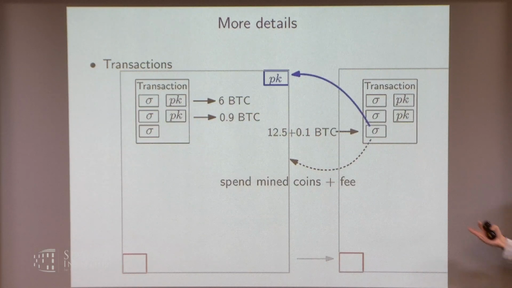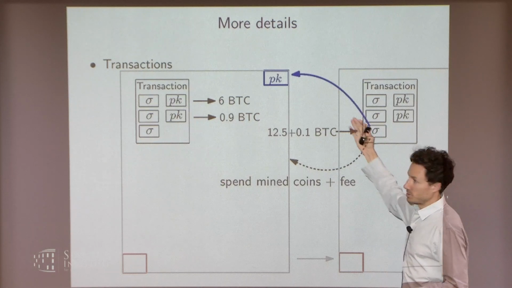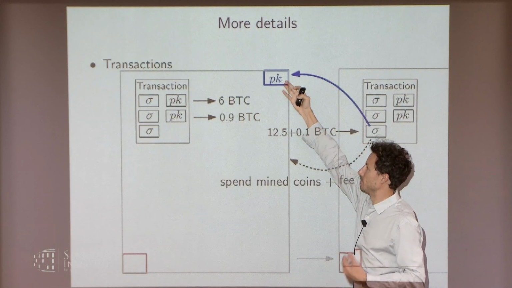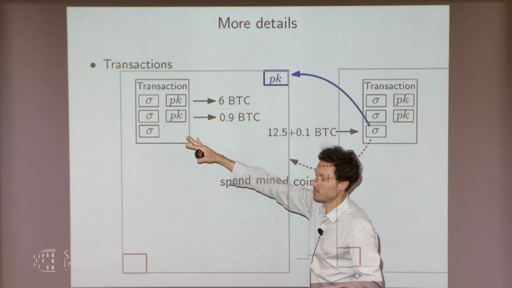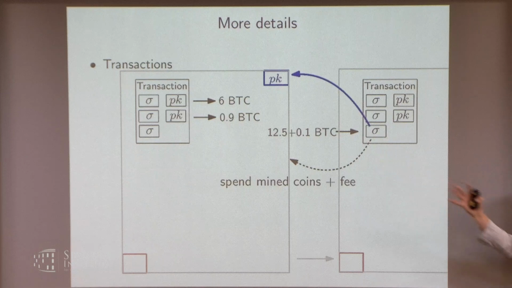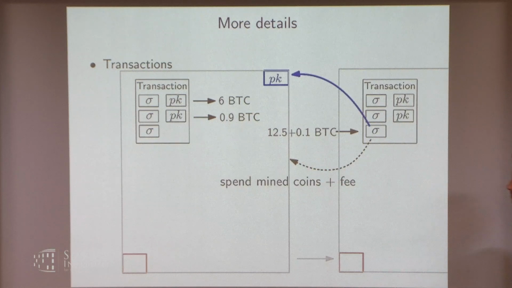By definition, the value of this input is whatever the newly created bitcoins were, plus all the differences of output and input, which would be all the fees that appear in that block. So if this is the only transaction, then this would be 12.5 plus 0.1 bitcoins.